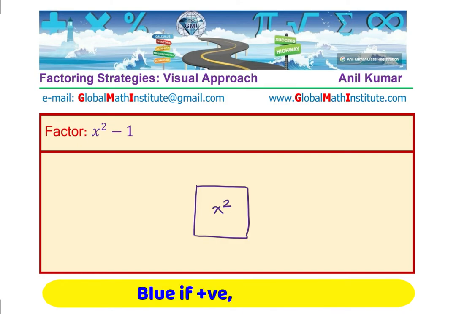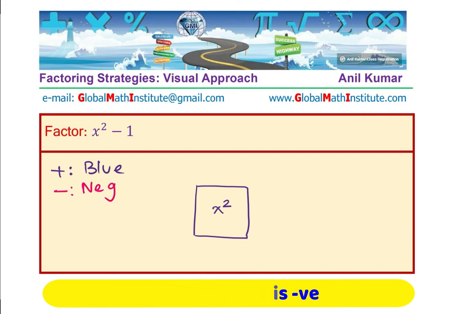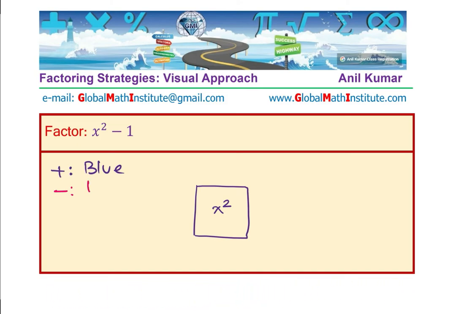So the idea here is we are saying that blue is positive, so positive is blue, and red is negative, so negative is red. So we know x square was positive.